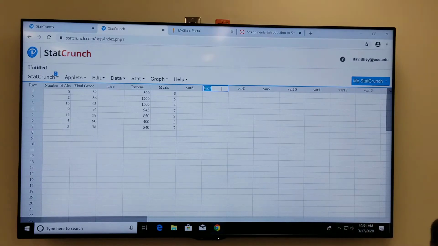Okay, so I'm going to come over here to StatCrunch. I'm not going to enter the names of the cars. I just need to enter the actual data, right? The actual numbers. And as long as I'm leaving them in order, the names of the cars that correspond to them don't really matter all that much. So I just need to put in the weight and the miles per gallon.